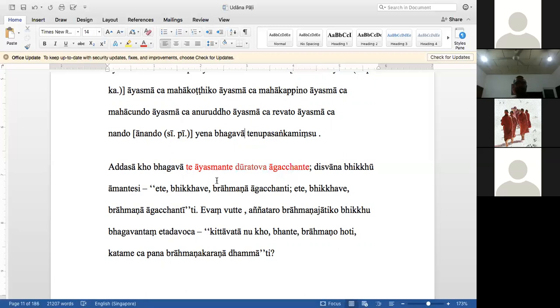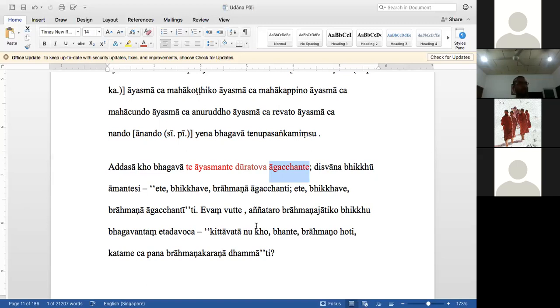When I discussed with my friend how traditionally they would explain this grammatically, we normally translate it as he saw them coming from far away. We can have 2 technical explanations. He saw them who were coming from far away, or he saw them from far away, meaning he saw them while they were far away, not after they approached close by. Or we can suggest that these venerables were coming from far away.